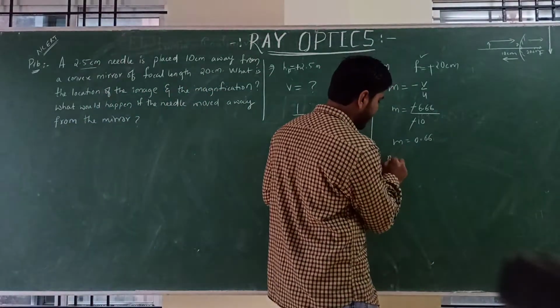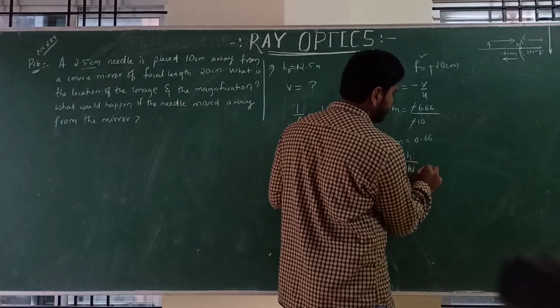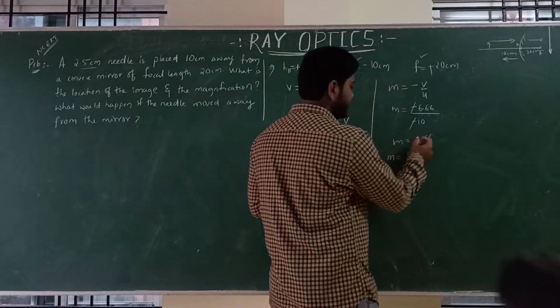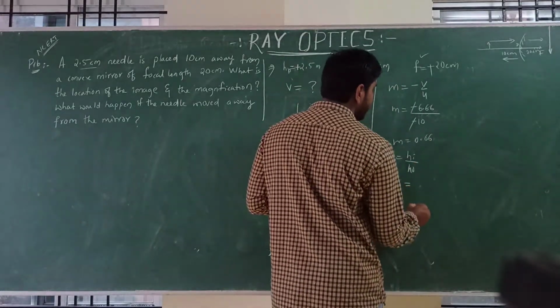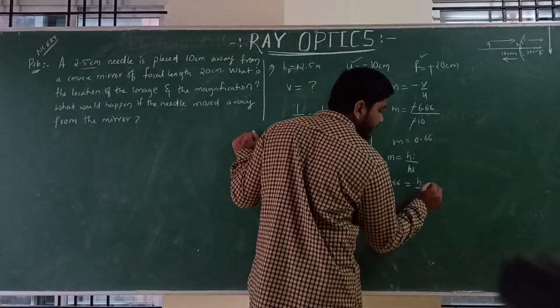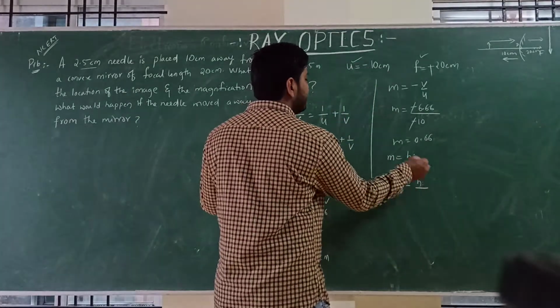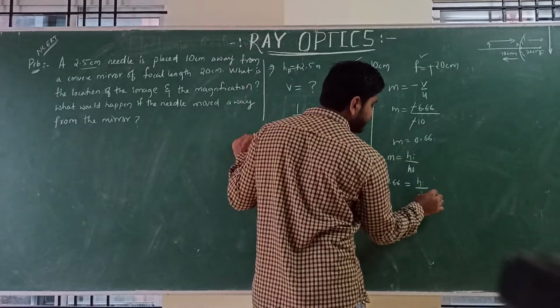Again we know one more formula, m is equal to hi by ho. So just substitute m here, m is equal to 0.66 into hi, we don't know. Height of the image we want to know, we are going to calculate. Height of the object ho is 2.5 centimeter.